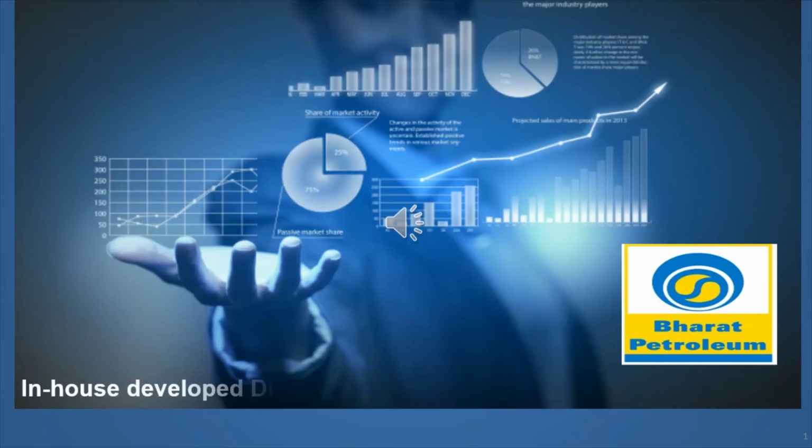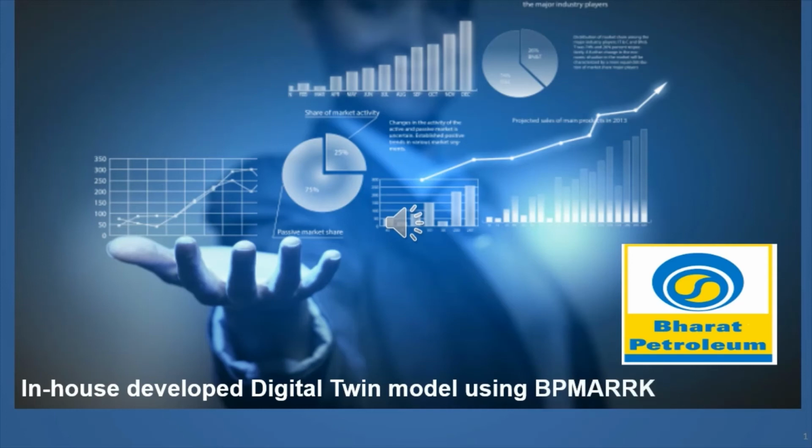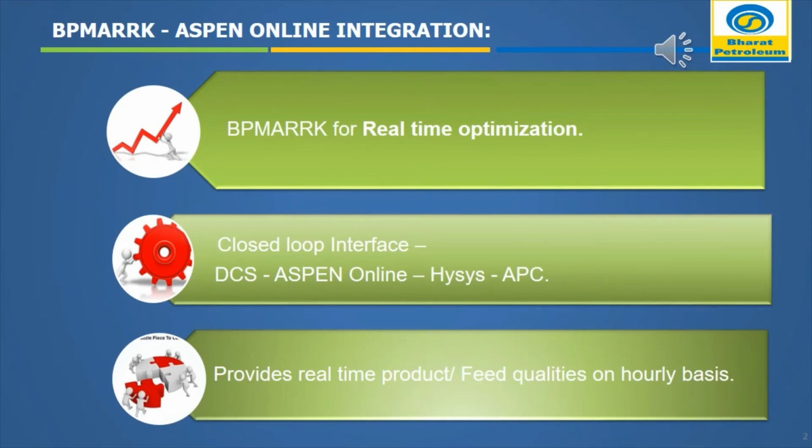Let's see a digital twin, which is a real-time plant optimization model of crude distillation unit. The digital twin model is used with BPMARKK for real-time optimization. This is a complete closed-loop system where the data from DCS is taken to Aspen HYSYS model via Aspen online interface.